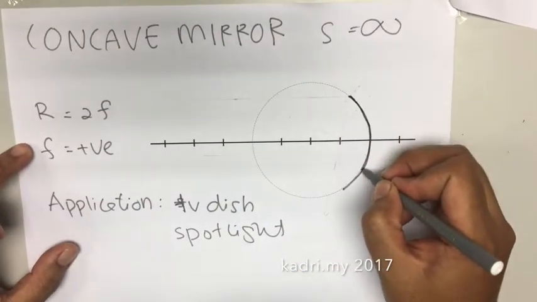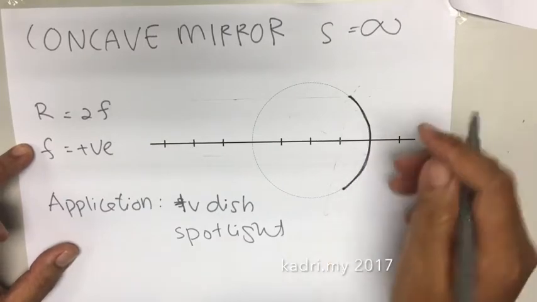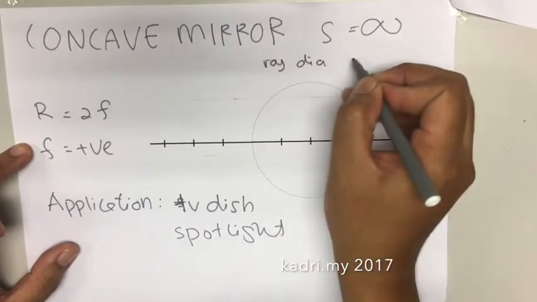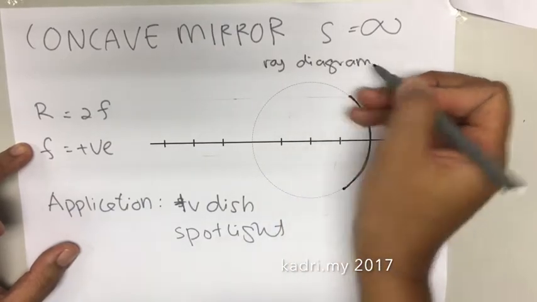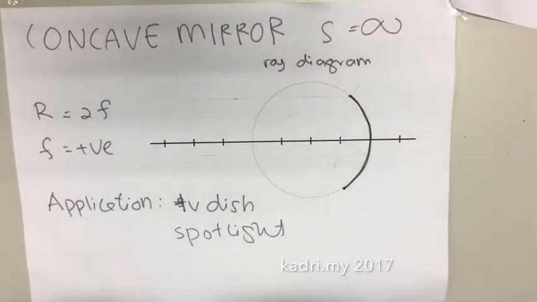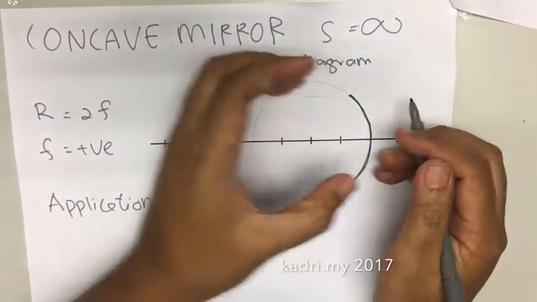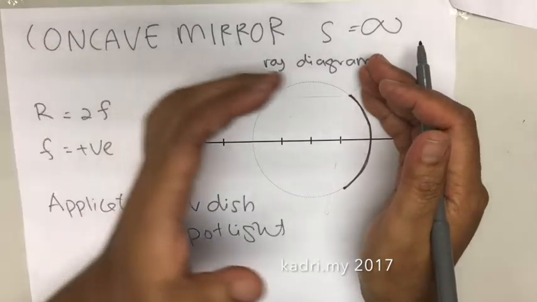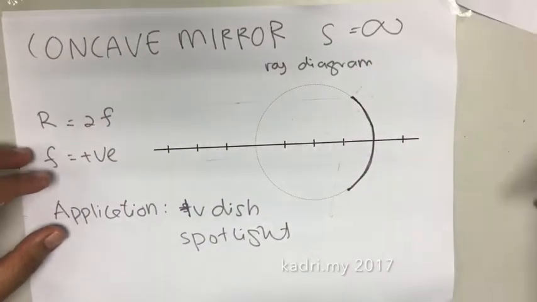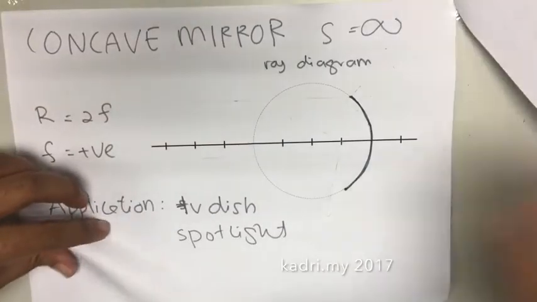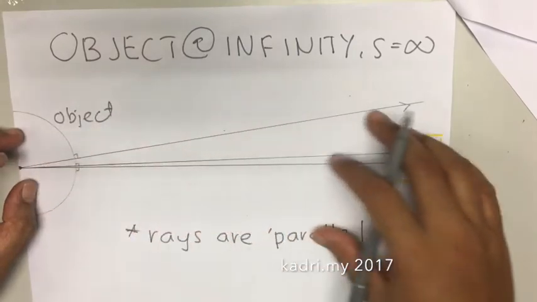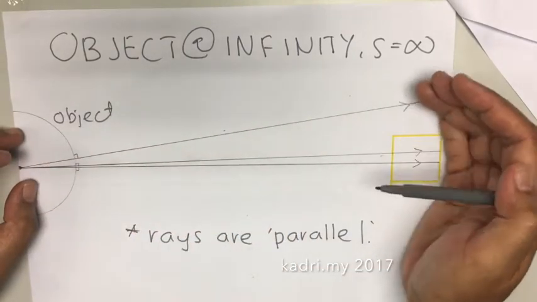So we sketch this mirror. We want to make a ray diagram to study this concave mirror. Now let's consider that this mirror will take rays from infinity. For example, the light from infinity goes to the concave mirror here.